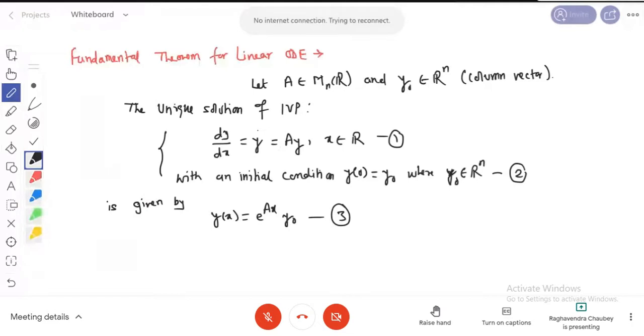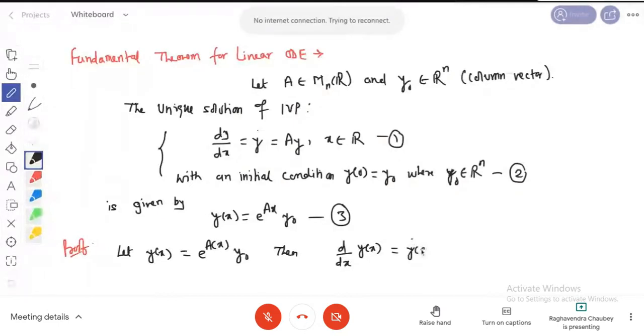Okay. So what is the proof? The proof is in two or three lines. If y(x) is e to the power Ax y0, then what is d over dx? d over dx, that is y dot, if we differentiate, equals this thing.